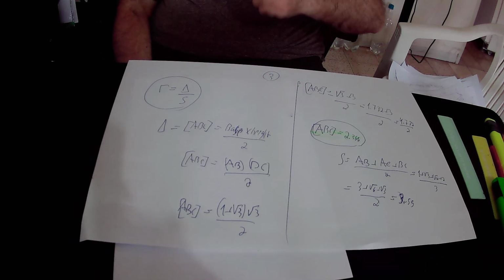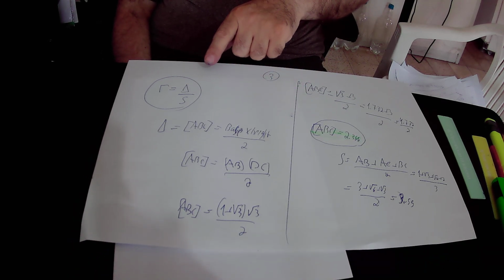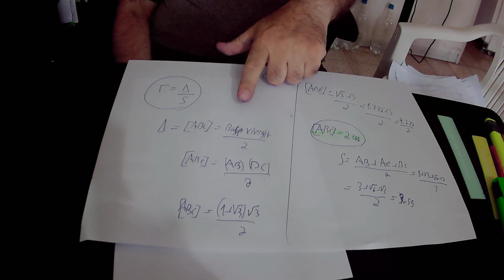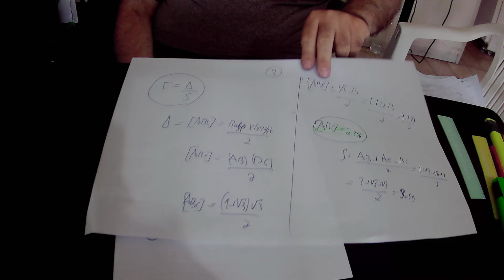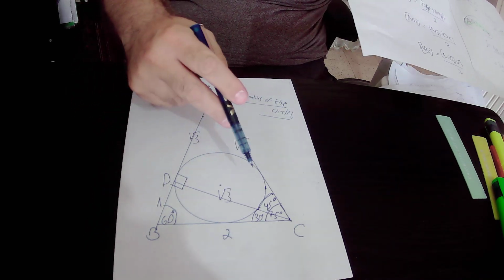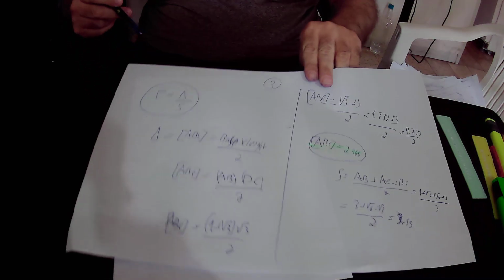So according to this formula, we have to find the area of triangle ABC. The area of any triangle is the base times the height to the base over 2. We choose the base as AB, therefore the height to the base is CD.